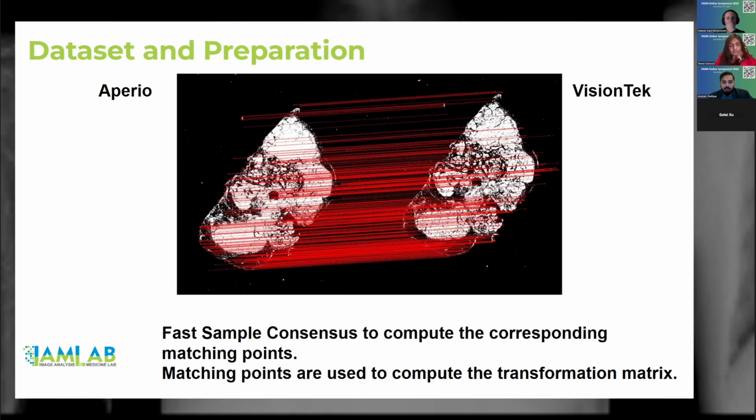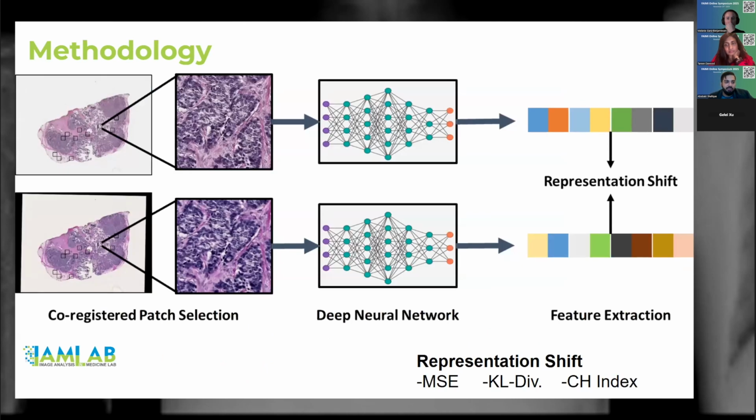We only used affine transformation, so we don't bend or deform any of the tissue. We just used rigid transformation. Once we have the rigid transformation, we can use the spatial location. So we extracted the patches from the same spatial location, as you can see here, and we use the foundation models to extract the features.